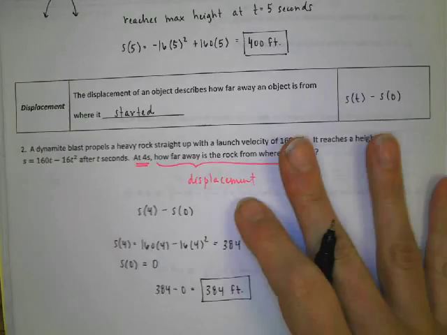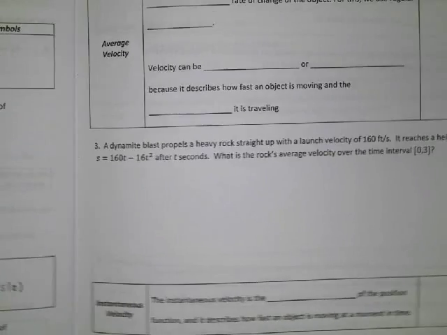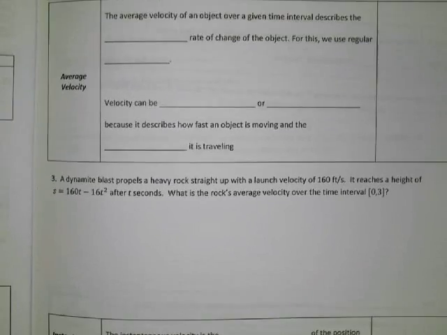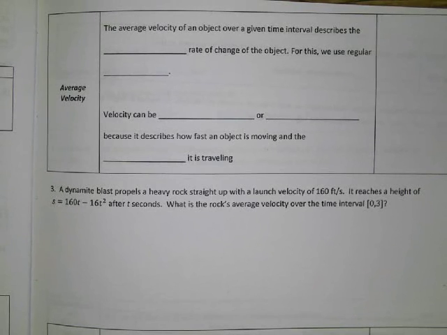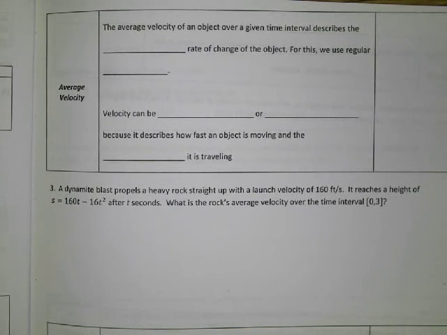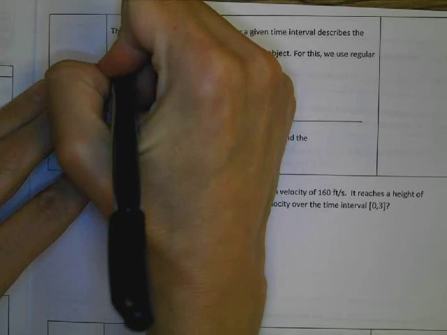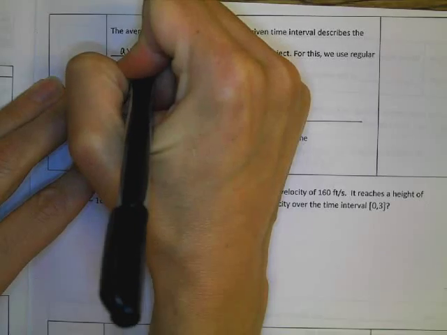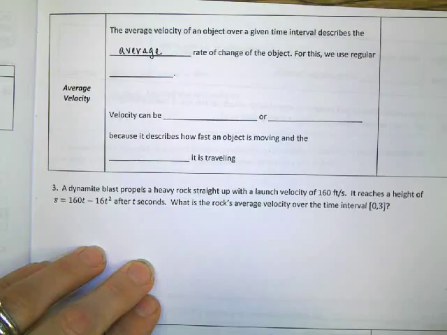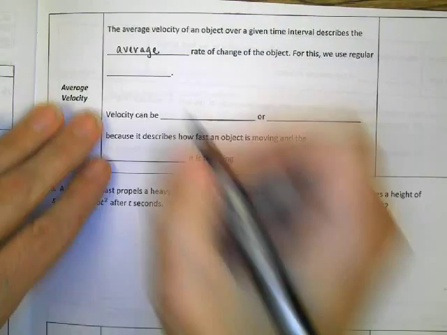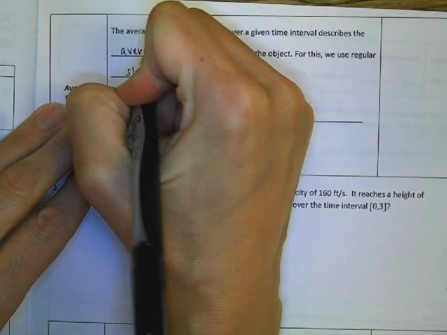The next thing we're going to talk about is average velocity. Okay, so the average velocity of an object over a given time interval describes the average rate of change of the object. And for this, we're using the regular slope.